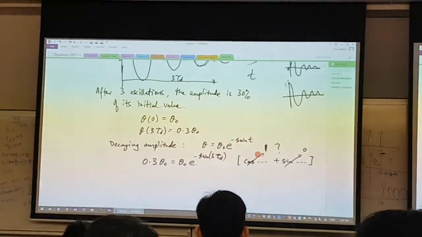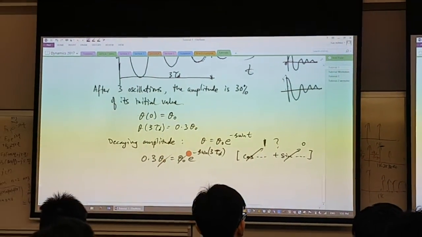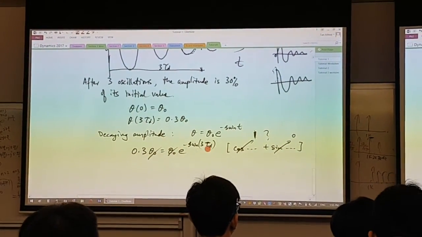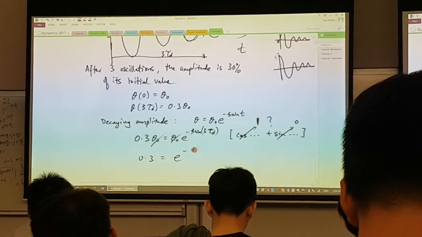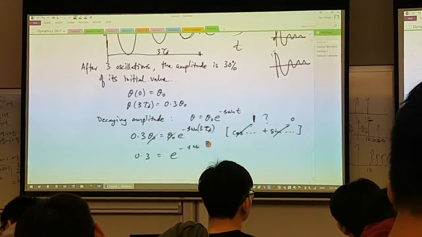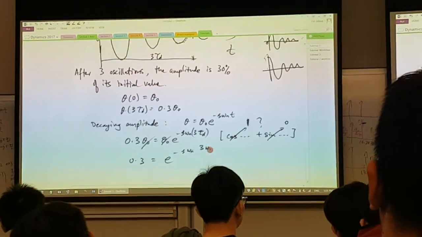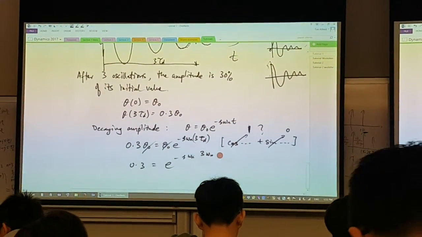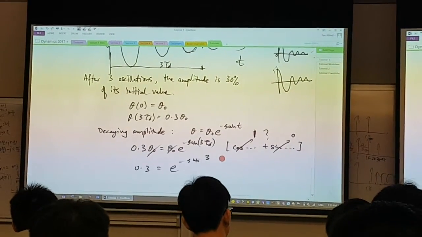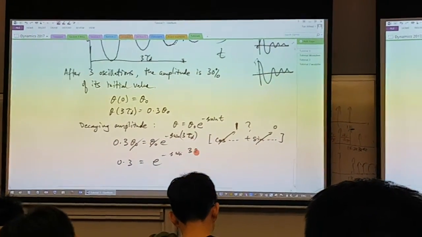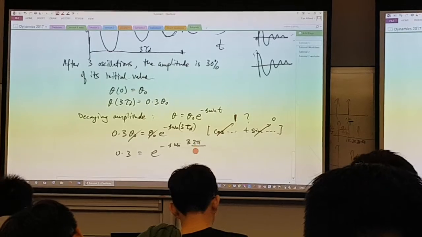So now that we have this, simplify, and the tau d over there is 3 omega n. Tau d is actually 2 pi divided by omega d.